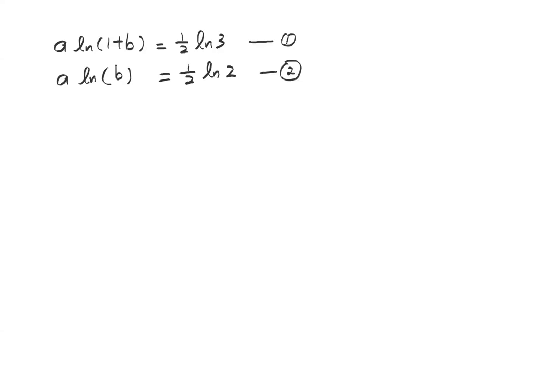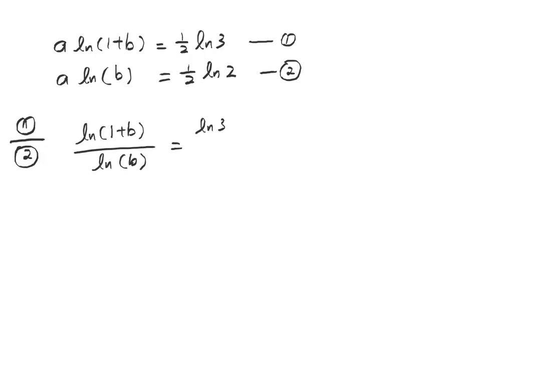When you solve simultaneous equations, there is another method: you can divide. So I can say equation 1 divided by equation 2. So I have ln(1 plus B) over ln B is equal to ln 3 over ln 2.